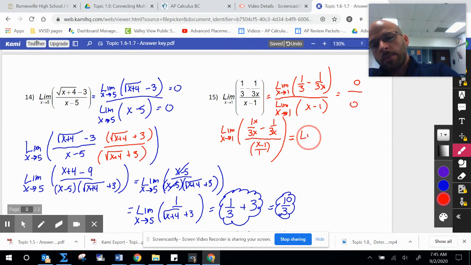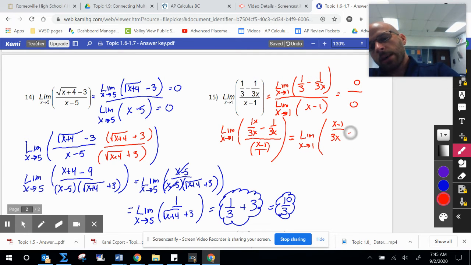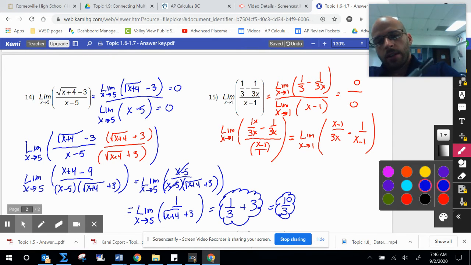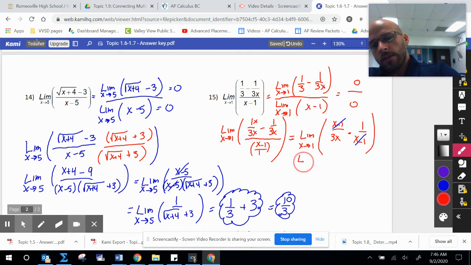I'm going to now have the limit as x approaches 1 of x minus 1 over 3x, and I'm going to multiply by the reciprocal. You're going to find that the x minus 1's cancel. So now I have the limit as x approaches 1 of 1 over 3x, which gives me an answer of 1/3.